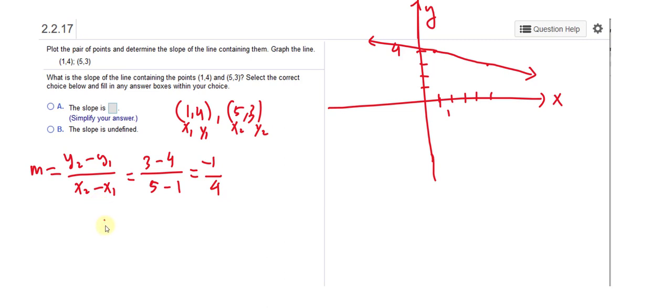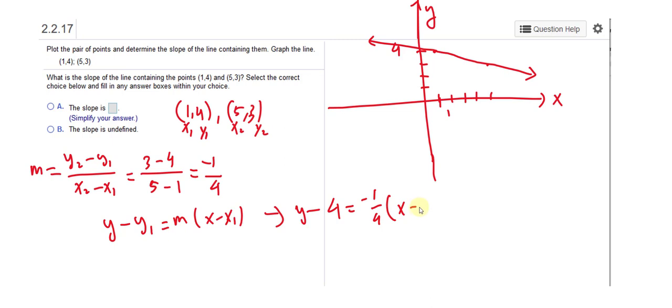Then use the point-slope formula, y minus y1 equals m times x minus x1, to find the equation. Now your y1 is 4, your m is minus 1 over 4, and your x1 is 1. Then you can solve for y. Distribute on the right-hand side: minus 1 over 4 x, minus minus becomes plus 1 over 4.